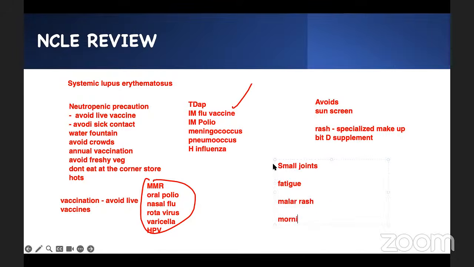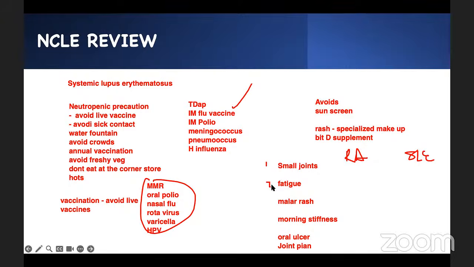I'll put morning stiffness, and I'll put oral ulcer. I'll put joint pain. And then I put the rheumatoid here, rheumatoid arthritis and systemic lupus.